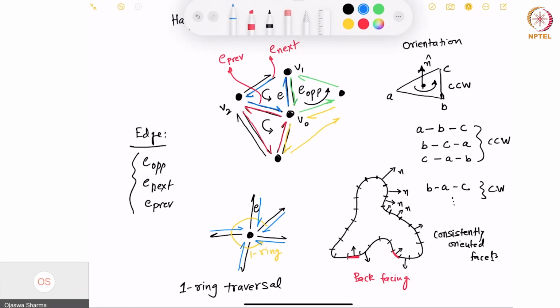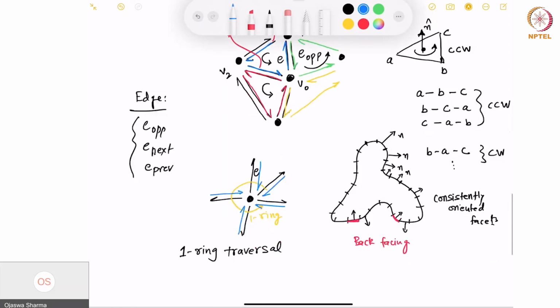Right. So how do I do this one ring traversal? One ring traversal can be done. So you are given E. From E, you jump to, and let me not use the arrow here because that could be confusing, I'll just use a comma here. So from E, you go to E previous, opposite, and let's call it E1.